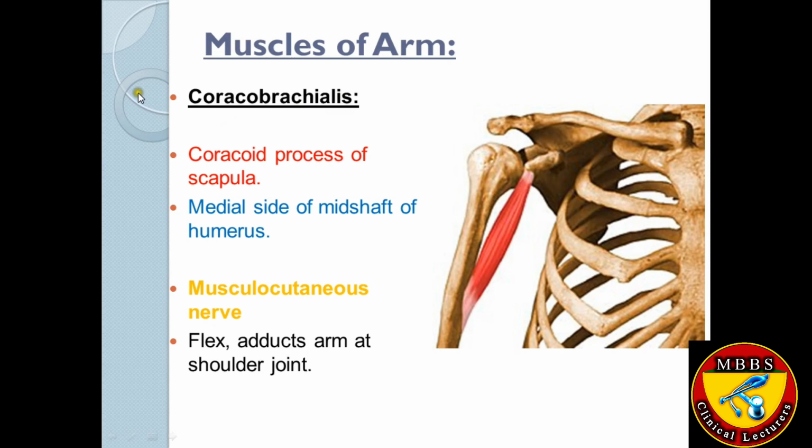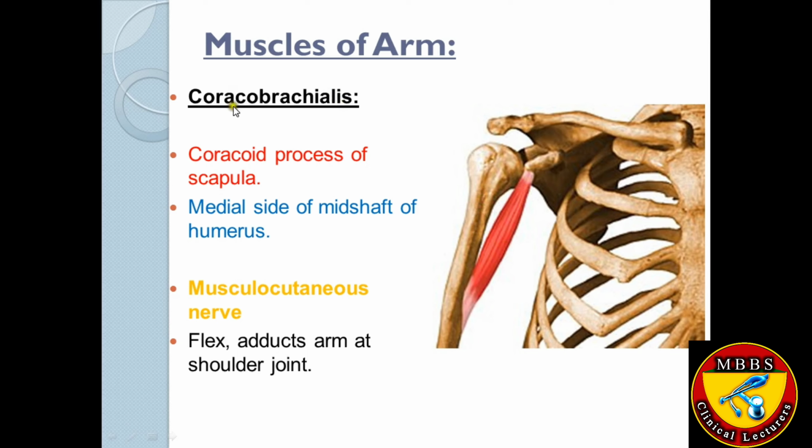Now you can understand the origin and insertion from the name of the muscle. The name is coraco. You remember the coracoid process of the scapula? Brachialis: the humerus is also called brachialis.